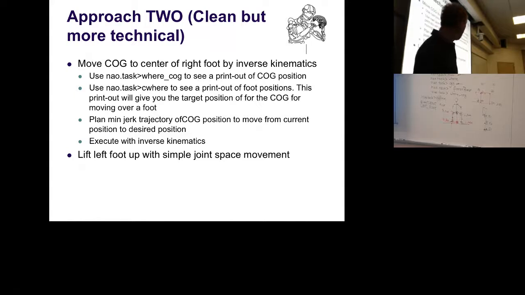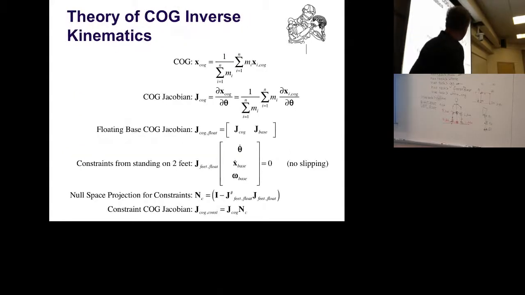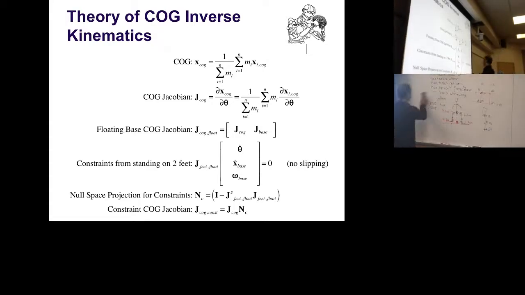So how does this work in terms of math? The math is actually a little bit more complicated. Here are all the relevant equations. So the center of mass, or the center of gravity in general, is XCOG.